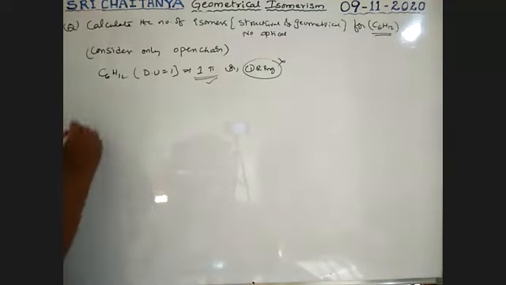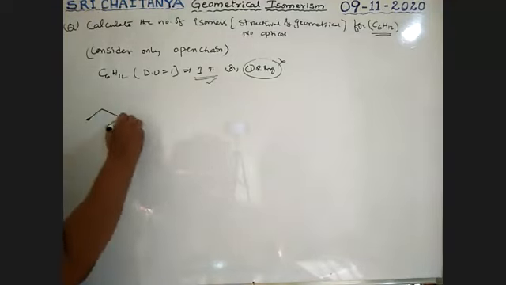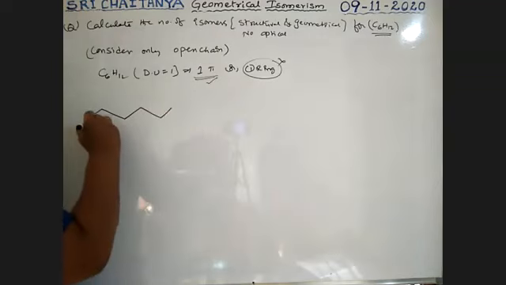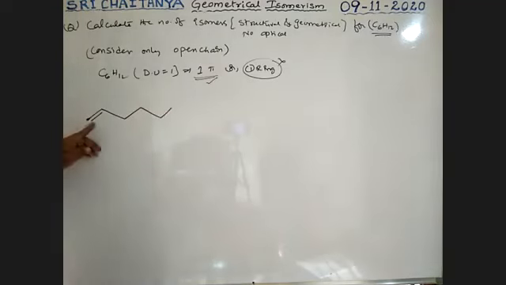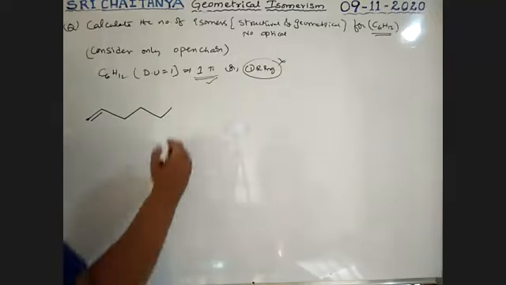See here, C6: 1, 2, 3, 4, 5, 6. I'm changing the position of the pi bond and drawing it.